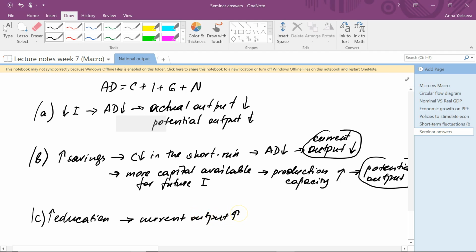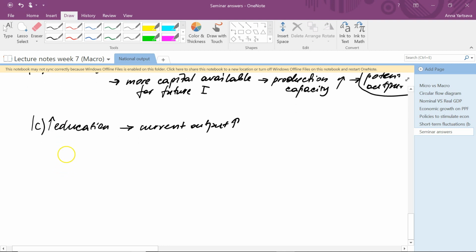It will go up. However, increasing education will also increase your skill set. Your skills are higher, which will increase the human capital in our economy. And human capital is the amount of skills which we all possess that contributes towards our production capacity. Our economic growth depends on the quantity of factors of production and their quality.